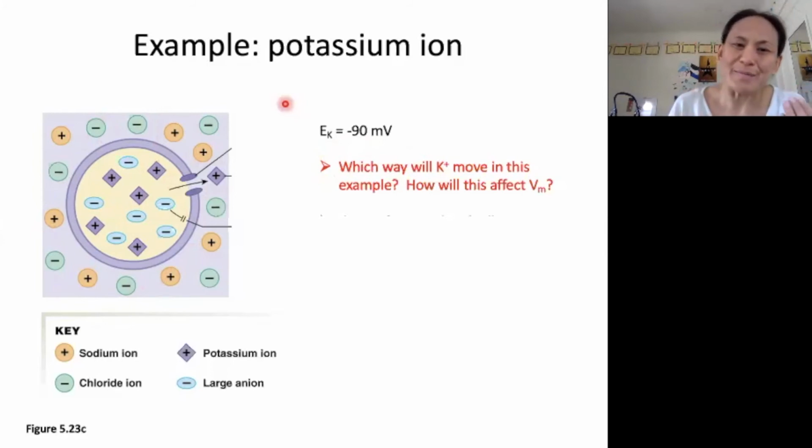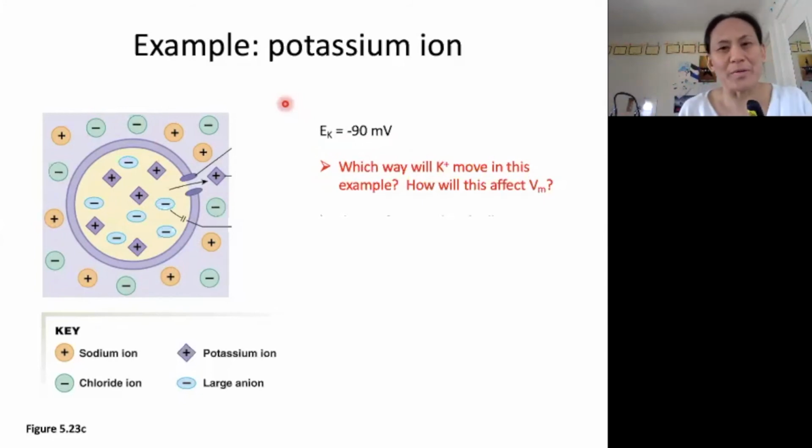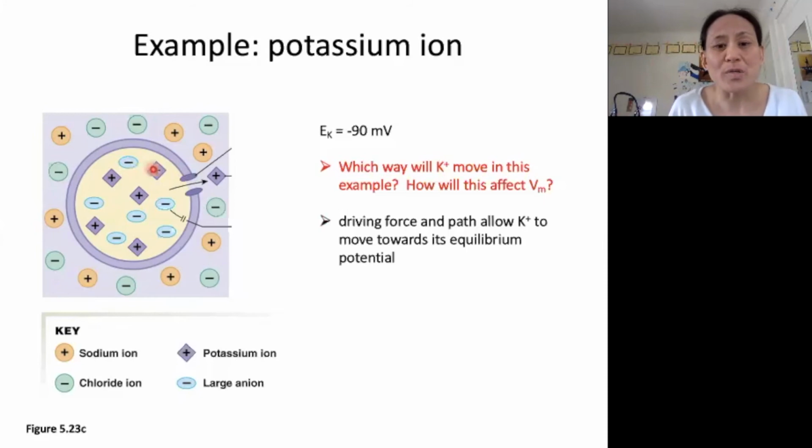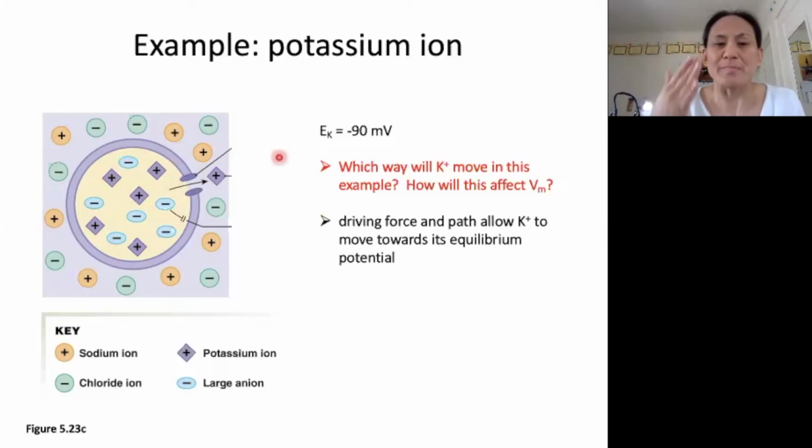Really, potassium is going to move towards equilibrium, and in order to be at equilibrium, membrane potential would have to be at negative 90 millivolts. So in order to get closer to equilibrium, potassium is going to move out of the cell so that it can make the inside of the cell even more negative than negative 10 millivolts. It wants the cell to be at negative 90 millivolts, so it's going to move out of the cell to make that membrane potential come down.